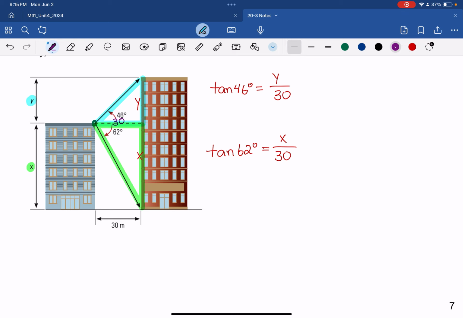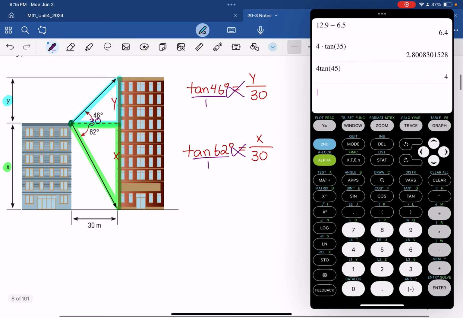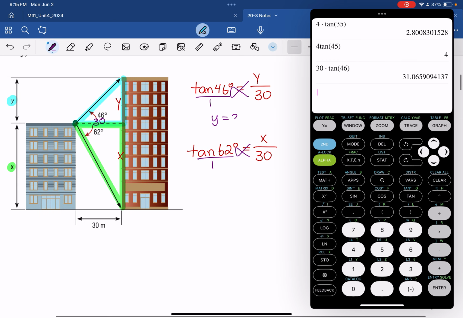So for both of these, I can put them over 1 to make it a little bit easier to solve, and we can do some cross multiplication. So I'm going to go 30 times tan of 46 divided by 1. So 30 times tan of 46 divided by 1 is going to give me 31.1. And then same thing here.